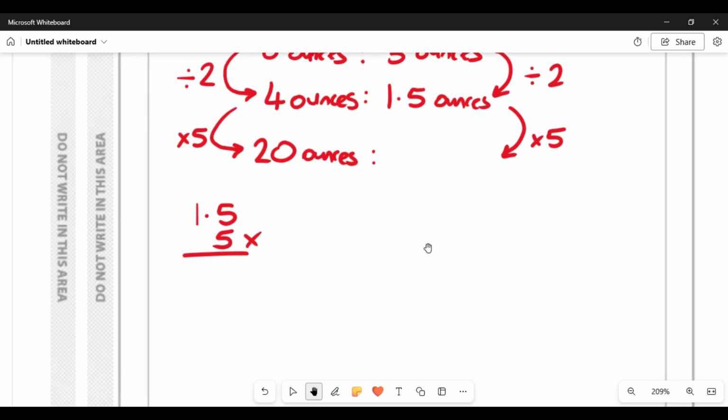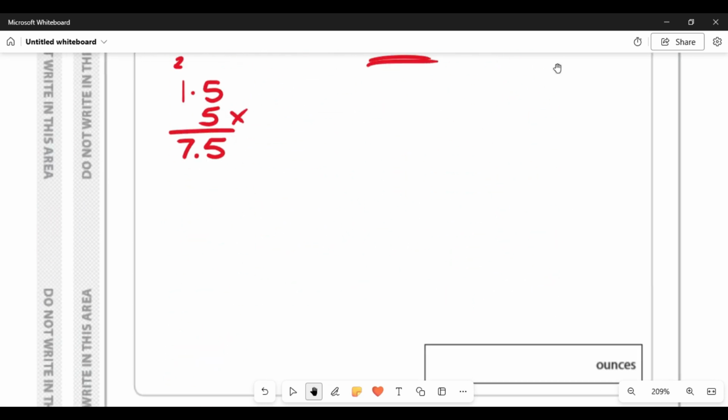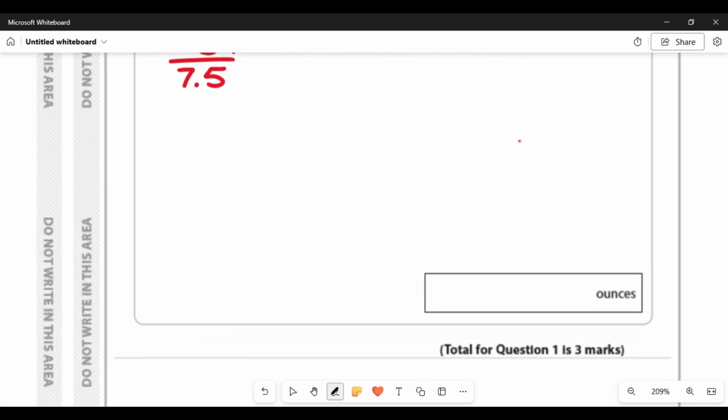So 5 times 5 is 25, put the 5, carry the 2. 1 times 5 is 5 plus the 2 is 7. And it's 1 decimal place for your answer. So that's going to be 7.5 ounces for your answer.